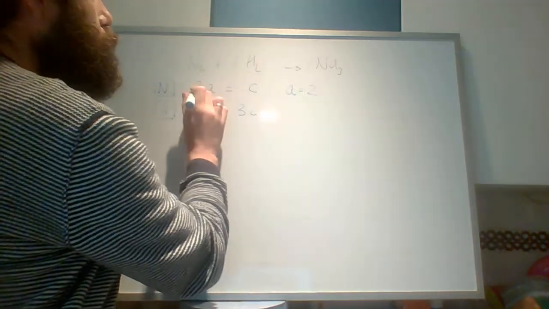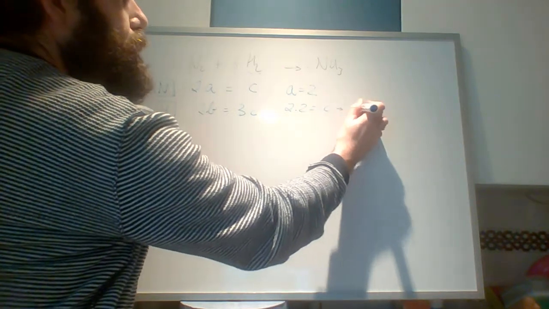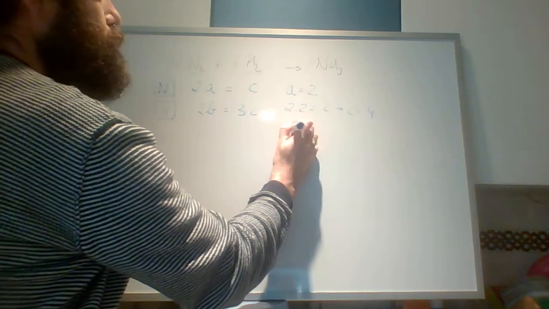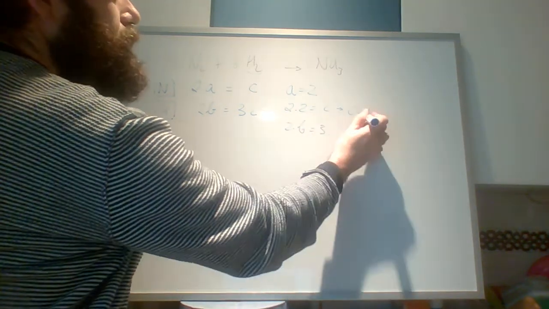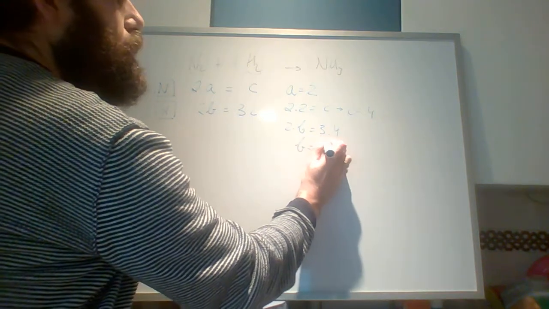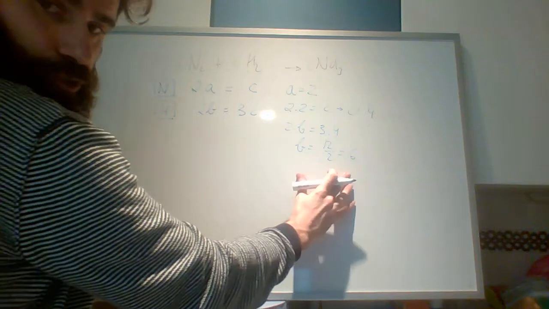So 2 times A, 2 times 2 equals C. So C equals 4. And now what happens with B? 2 times B equals 3 times C, which is 4. So 3 times 4 is 12. B equals 12 divided by 2, which is 6. And now you have to substitute, okay?